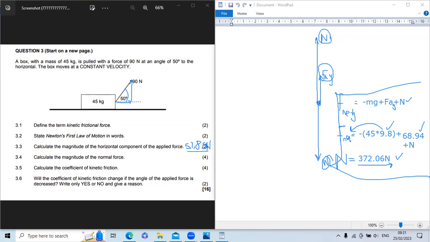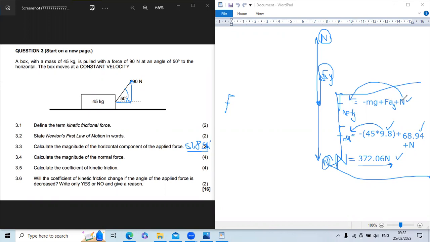There's this formula that I have written here. It says that Fn is equal to Fg minus the Fa y. That's basically what's happening here. It's just that you know that F net is 0, right? Yes, sir. So they just basically took this N to this side because this is 0.